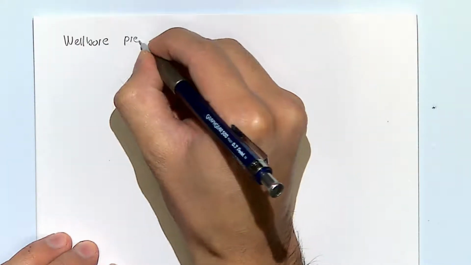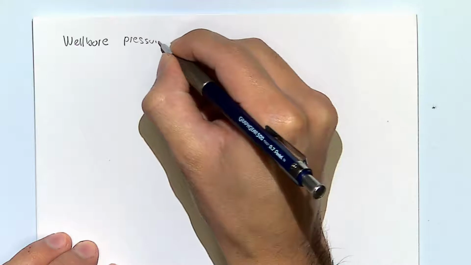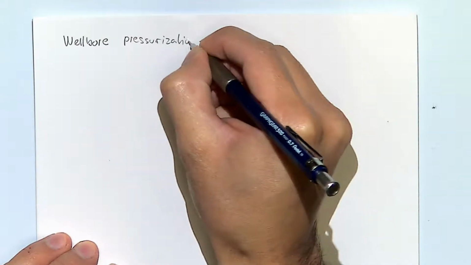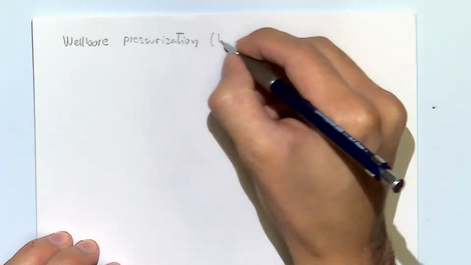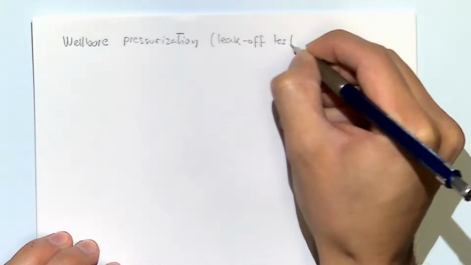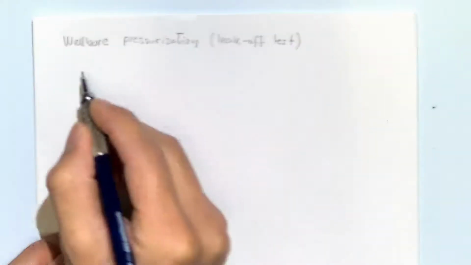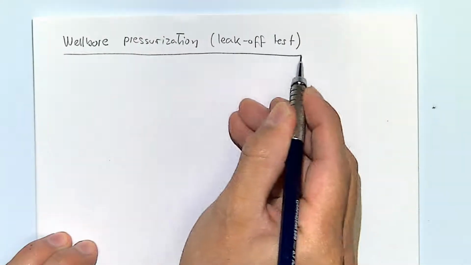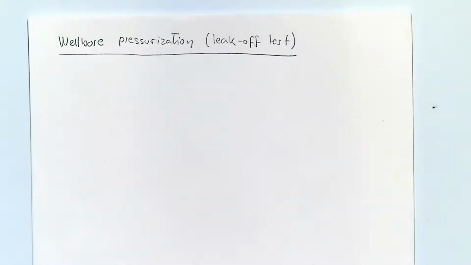So let's try to see what happens when you pressurize the wellbore too much, and how we link this to the leak-off test. We talked about the leak-off test before, but we didn't give a lot of details about the signature of that leak-off test.